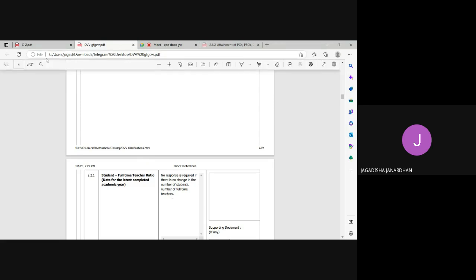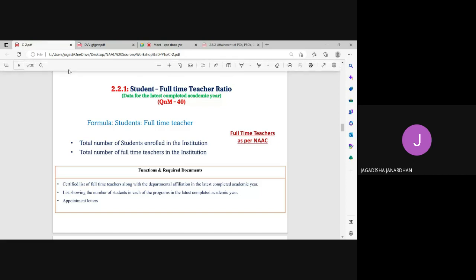If they find that you have added the librarian and physical director, then there might be a chance of asking what subjects are allotted to them and how many students were admitted to the programs or courses belonging to the physical director and librarian.